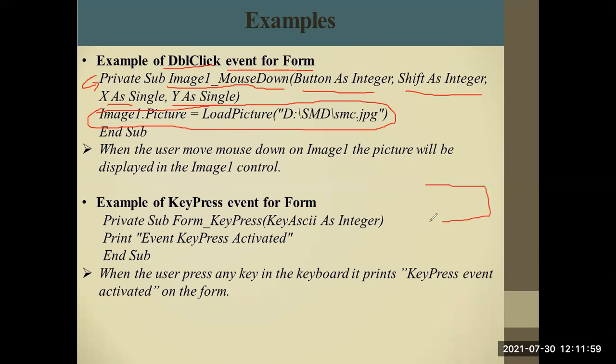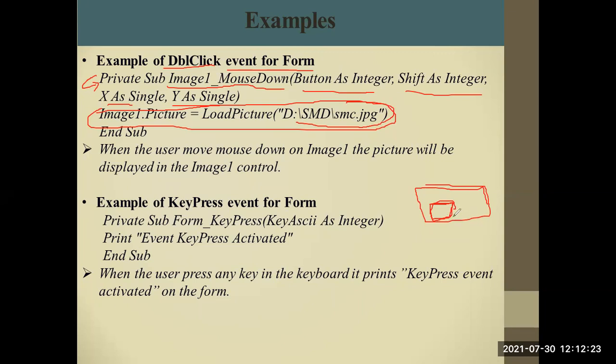Now I will have a form, or window. On the window there will be a control box called image. Whenever the user moves the mouse down on the image, this particular picture will be displayed over here.